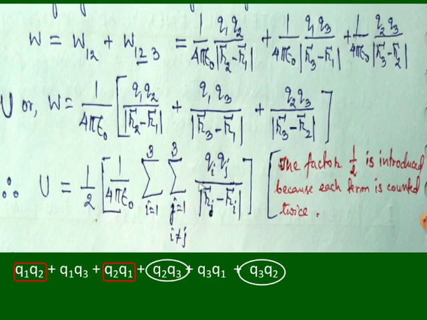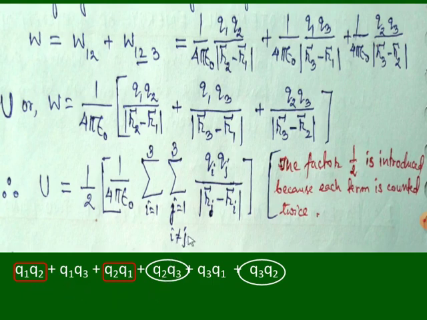So if i goes from 1 to 3 and j also goes from 1 to 3, then within this, not including the half, you can write this term. Forget about this half for the time being. 1 by 4 pi epsilon naught will always be there, no doubt. If you try to expand this, it will come in this way.